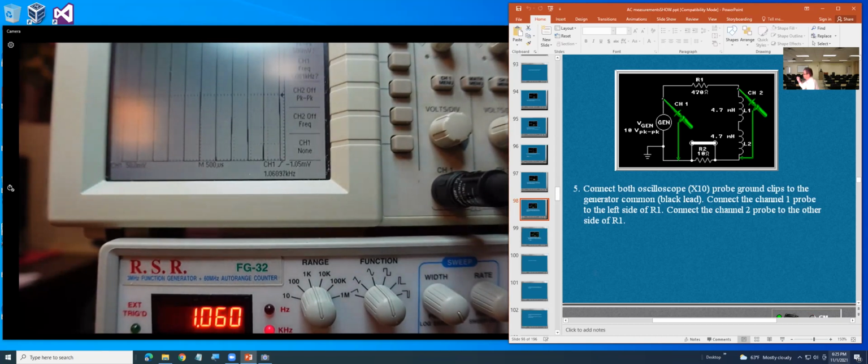Okay, and the scope channel 2 will be on the other side of R1.